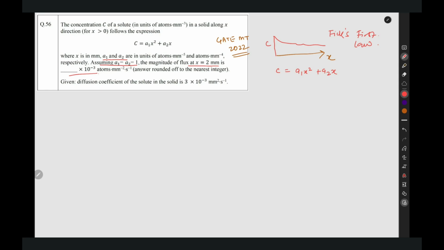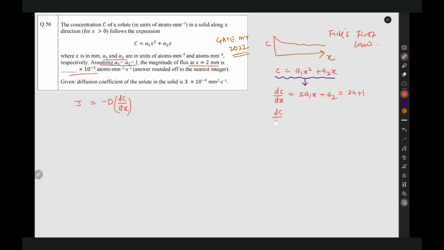We know that from Fick's first law, flux equal to minus D dc by dx. By differentiating this, we will get dc upon dx equal to 2a1x plus a2. We have to assume that a1 equal to a2 equal to 1. So it will be 2x plus 1.